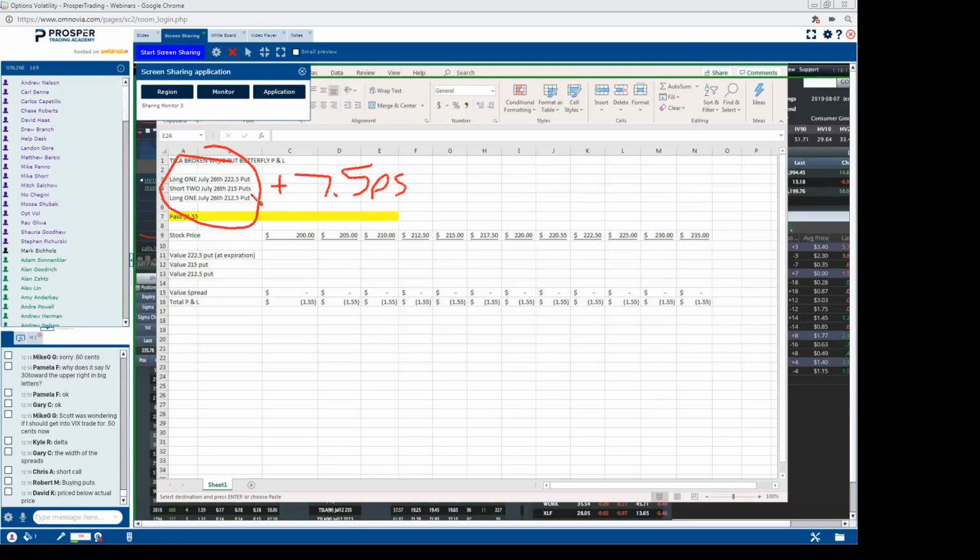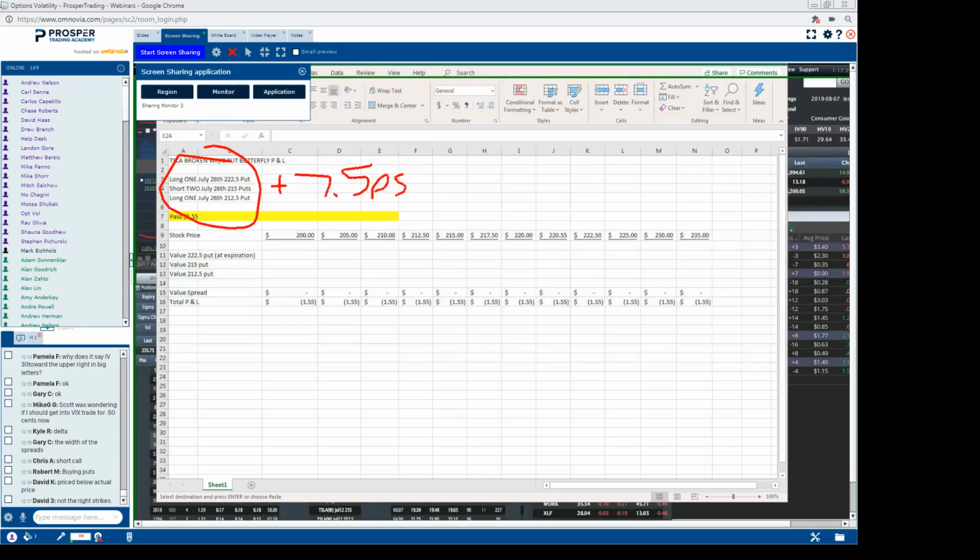Then the second part to this trade, because that's what a butterfly is, it's really just the combination of two spreads. The second part, I'm short a 215 put but long a 212.5 put. You're right. Let me adjust these. Hang on.